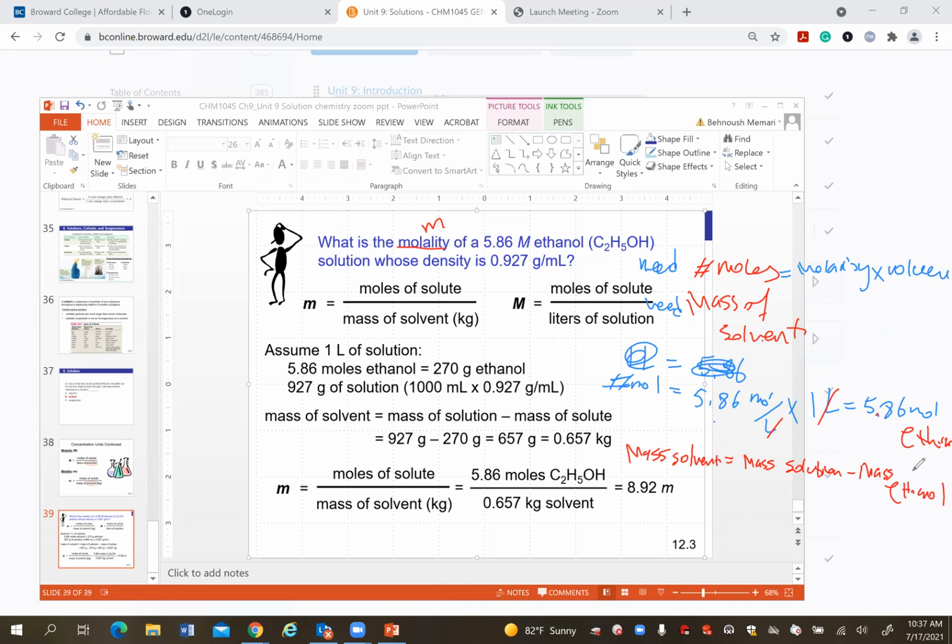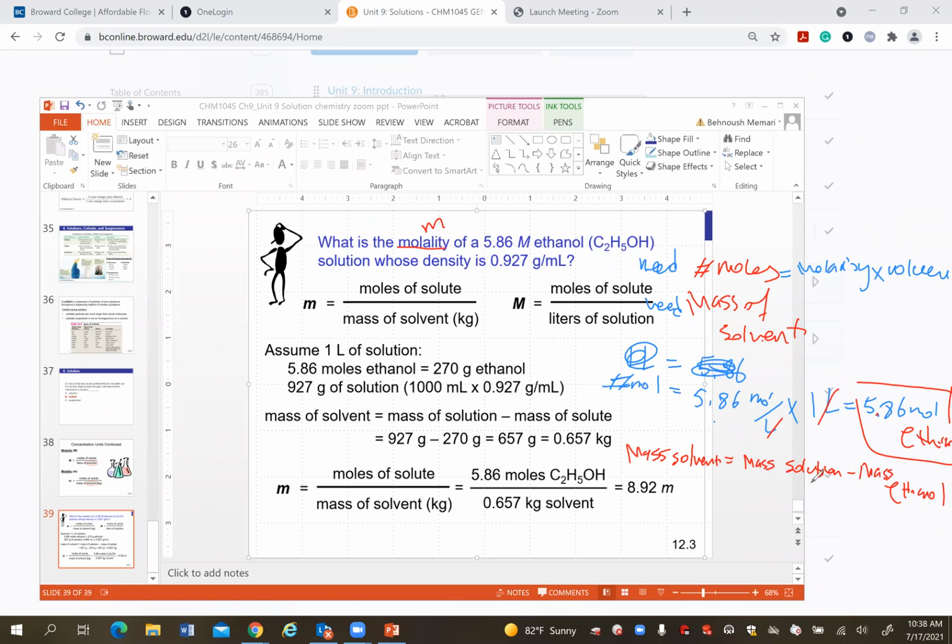That makes sense? So we need moles and we need the mass of solvent. We already have the moles, we found them here. In order to find the mass of solvent, we need the mass of solution and the mass of ethanol.